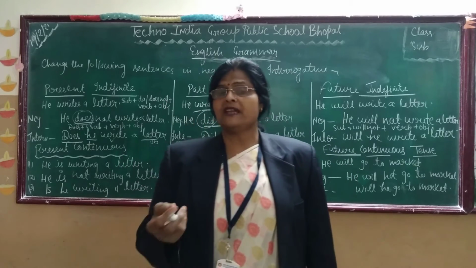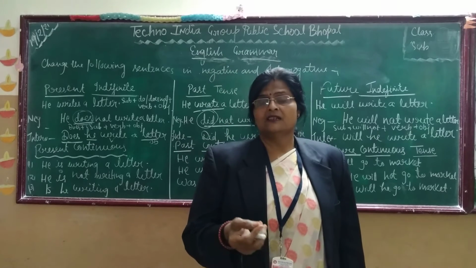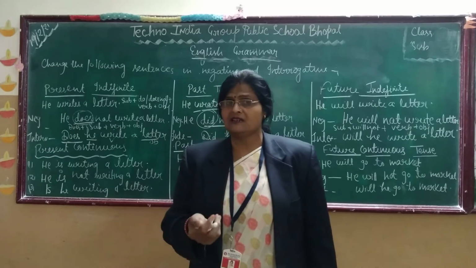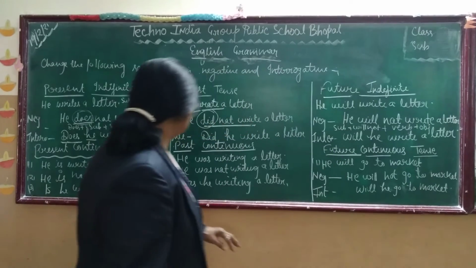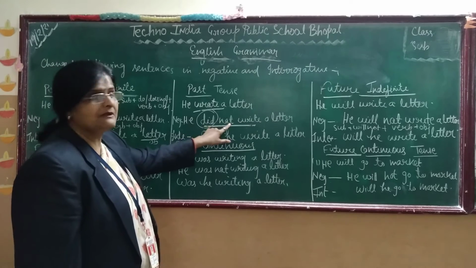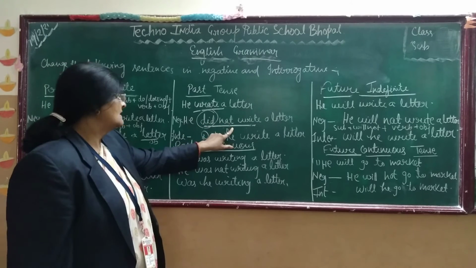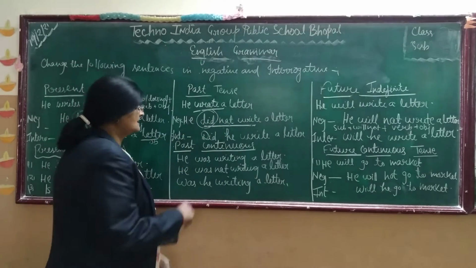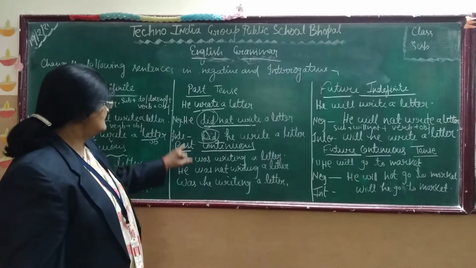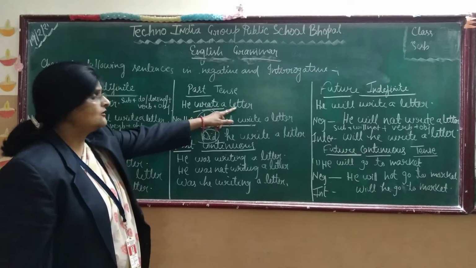And when we make the interrogative sentences, then we always use this helping verb in the beginning of the sentences. You can see here. Here we use did not after the subject. There we use this helping verb in the beginning of the sentences. जैसे for example, he wrote a letter.